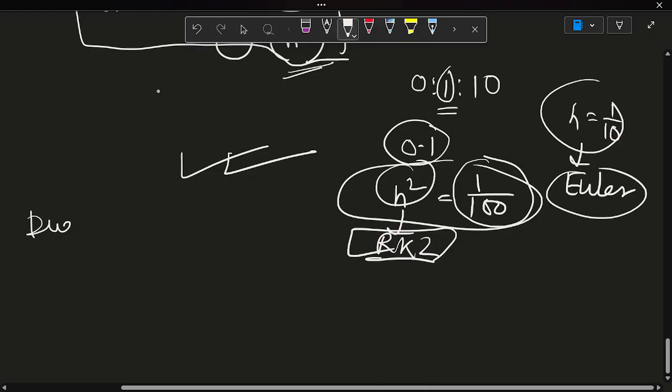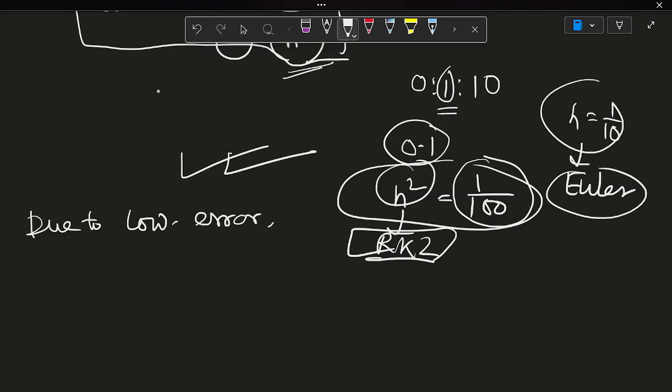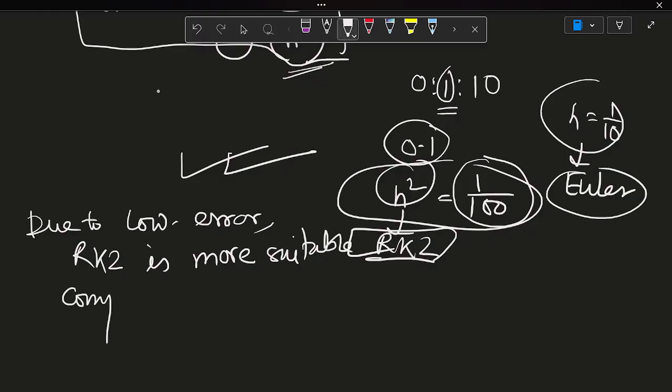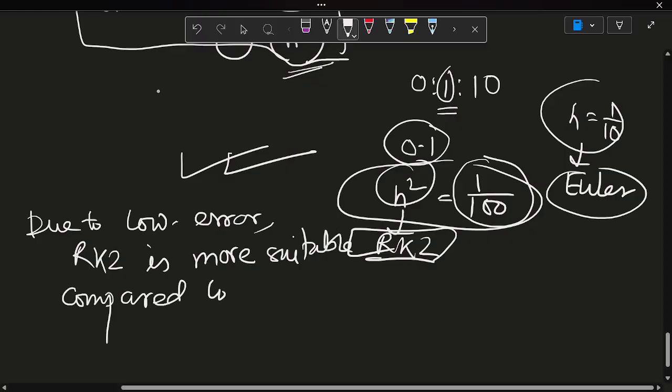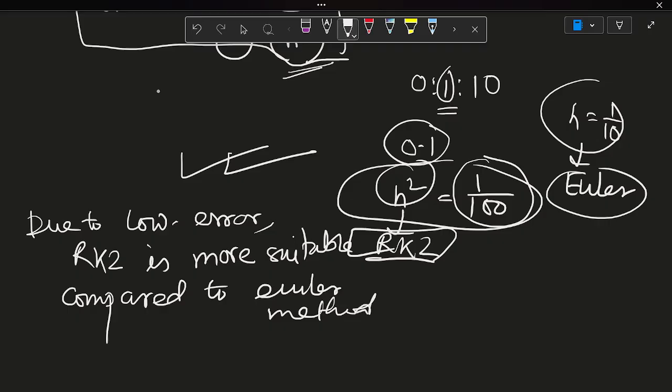Due to low error, RK2 is more suitable compared to the Euler method.